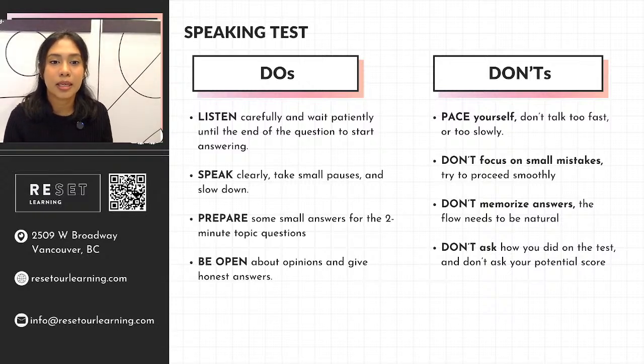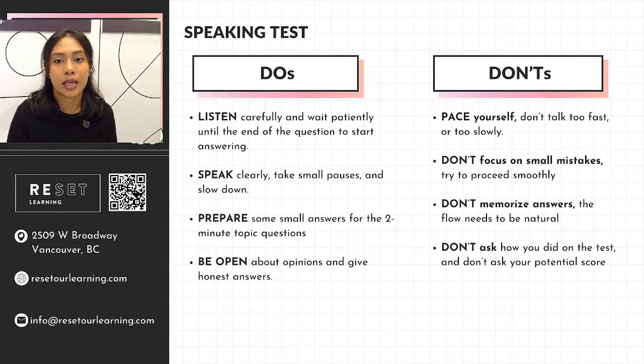Next is to be open about your opinions and give your honest answers. I think this is very important, because when you're giving honest answers and putting them together with your experience, it's more natural and it will give you a better flow.